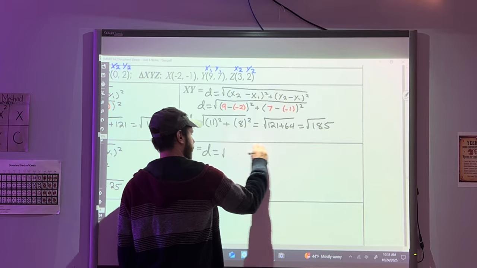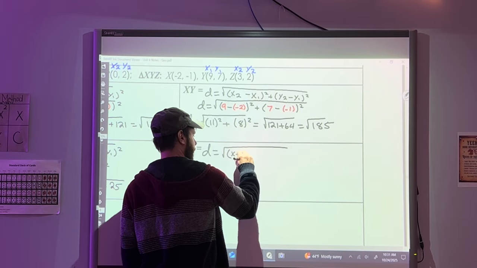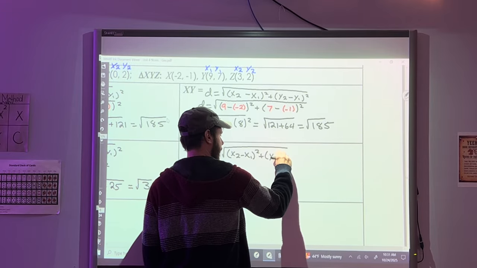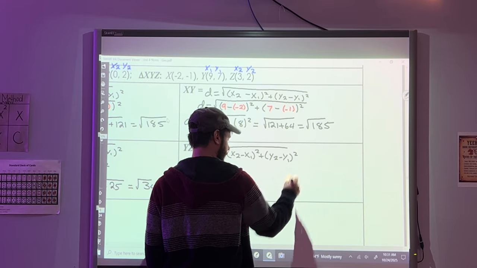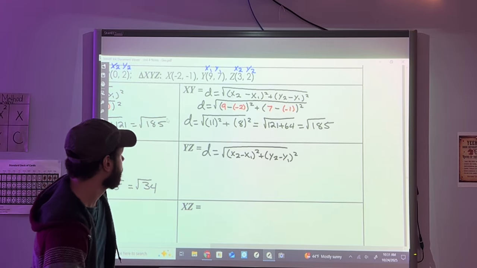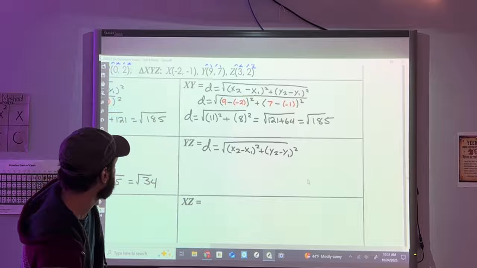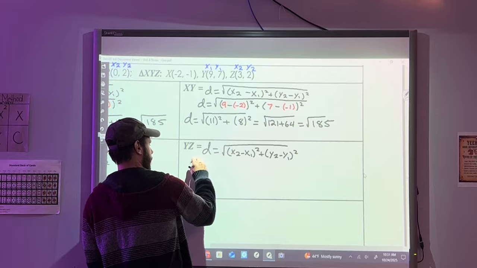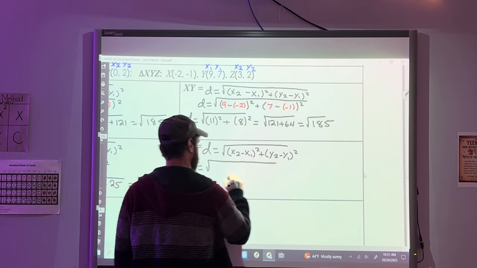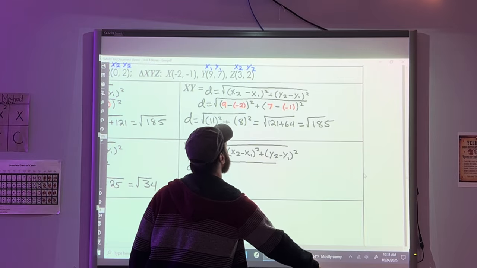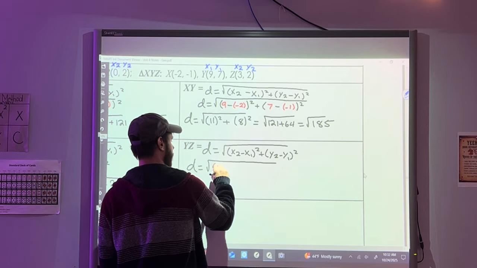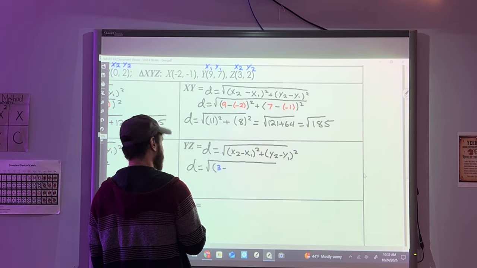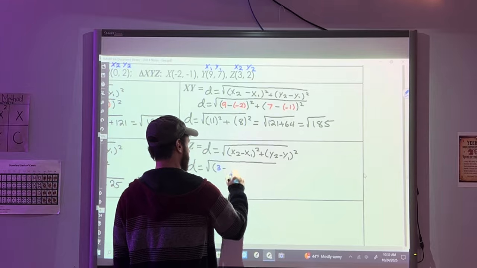Distance equals big old square root x2 minus x1 squared plus y2 minus y1 squared. Let's not cut that off. Okay. x2 in this problem is a 3. 3 minus x1, 9.